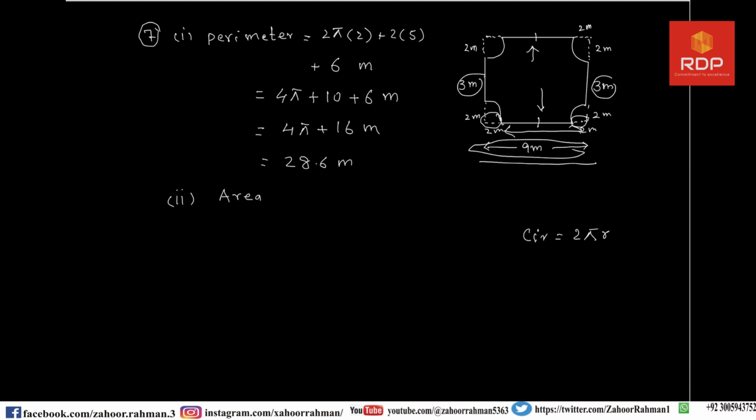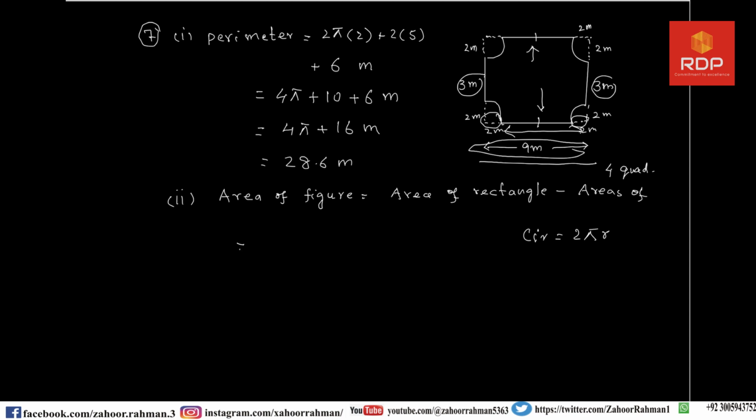First we have to find, let me write, then we will do area of figure, and that will be equal to area of rectangle minus areas of four quadrants, which is equal to one full circle.